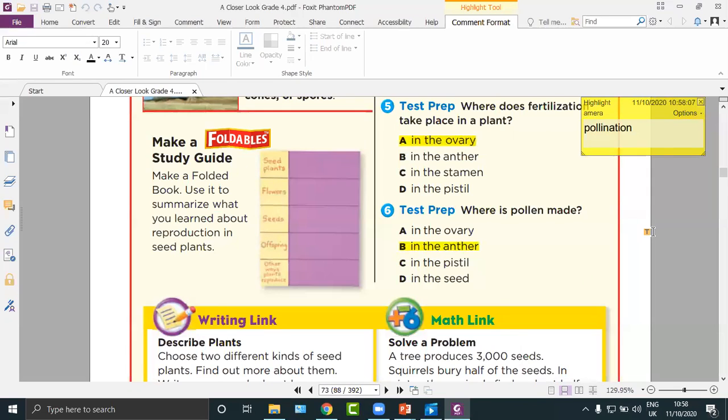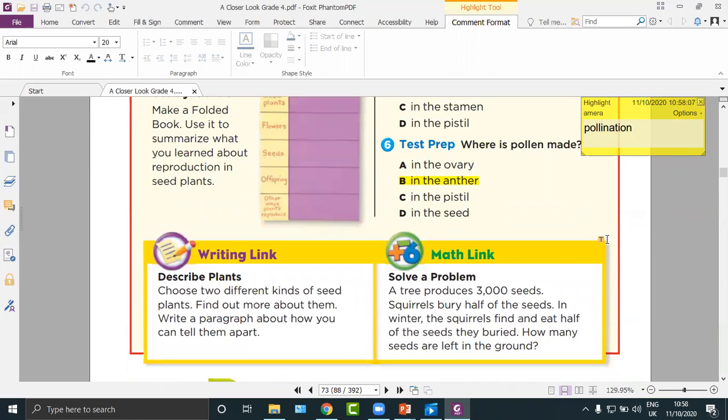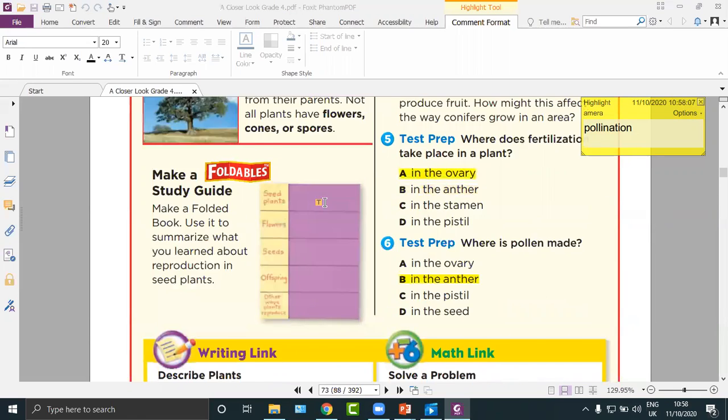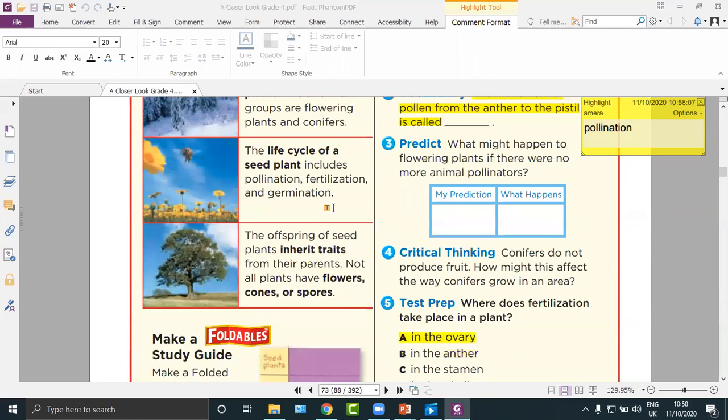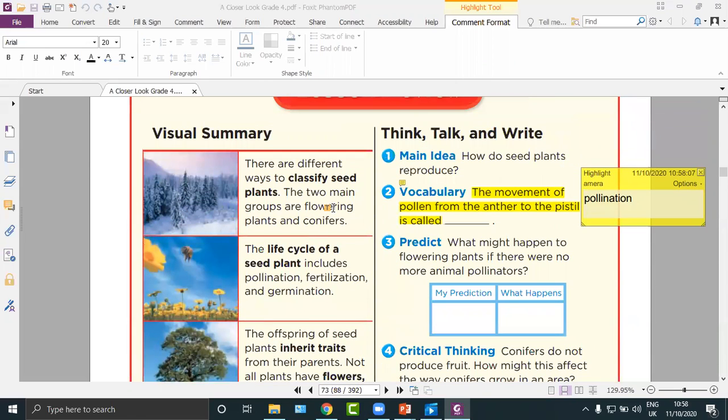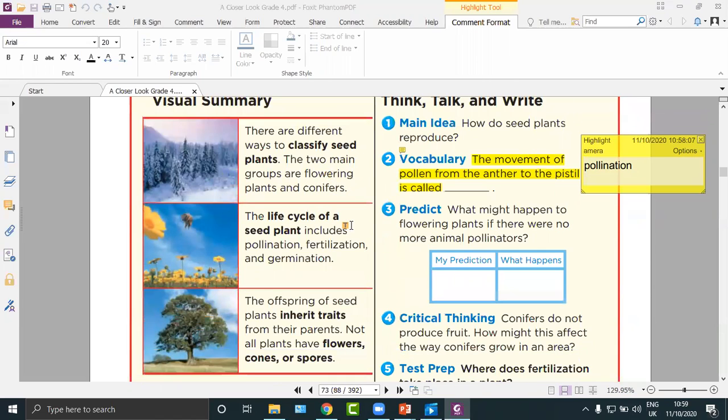Have you finished? Mister, can you go over the movement of pollen from anther to the pistil? Yes, I will come. His sister.